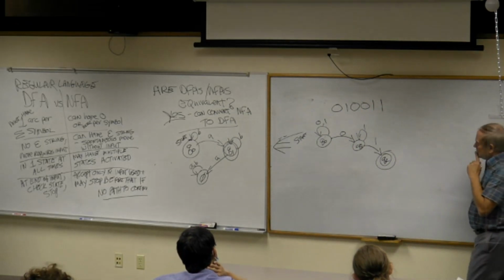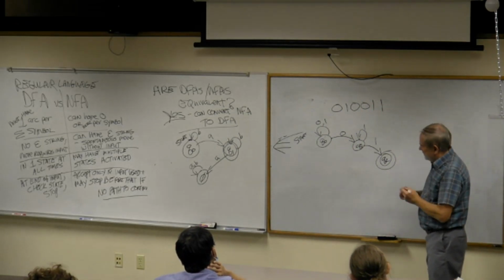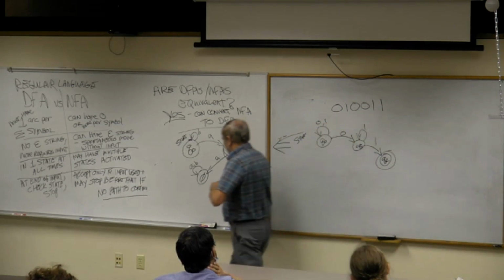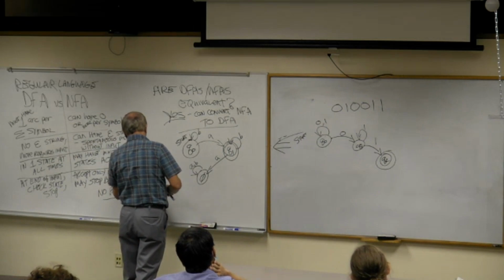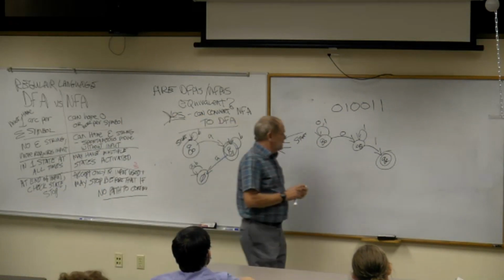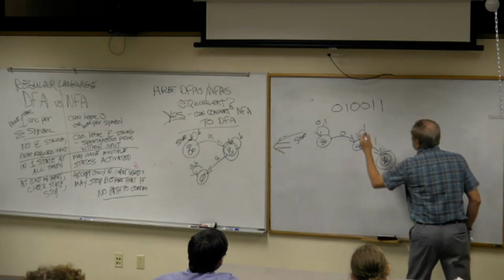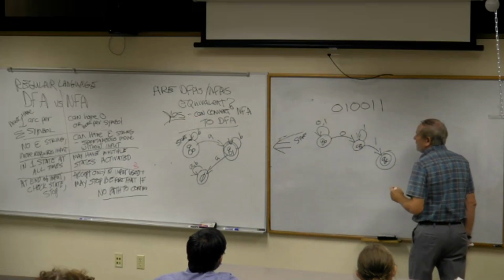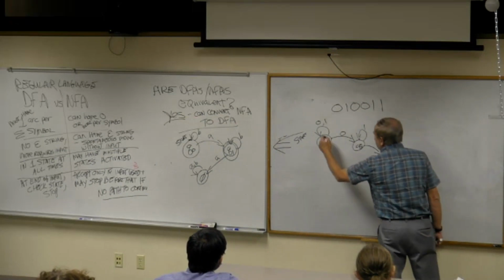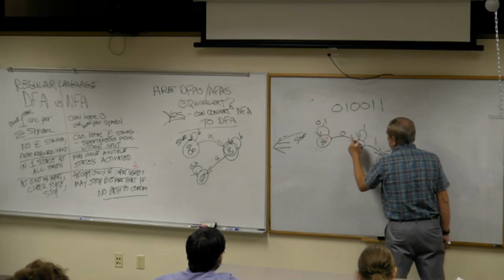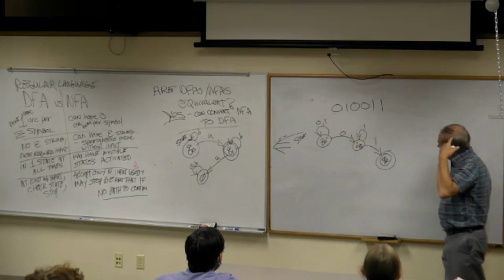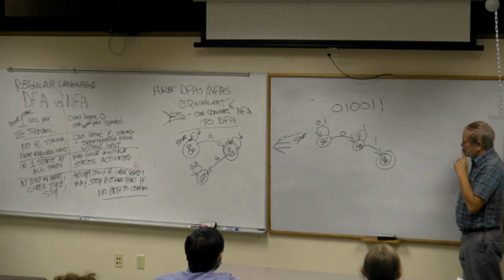So what does it do when it sees 0? It's going to activate. It's gonna start here. It's gonna loop on 0 and also take a trip over here on 0. We can think of it practically as having multiple possible current states that could have a transition on it.